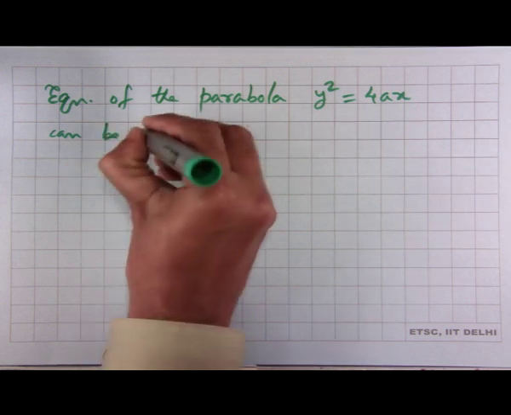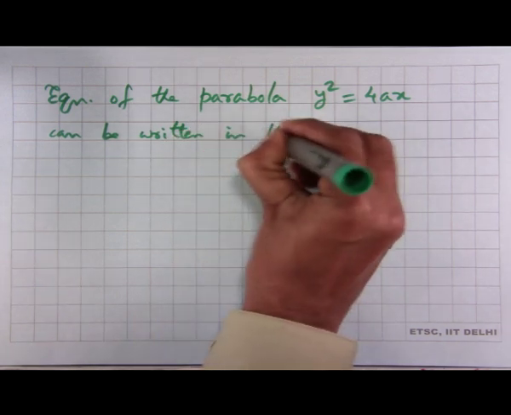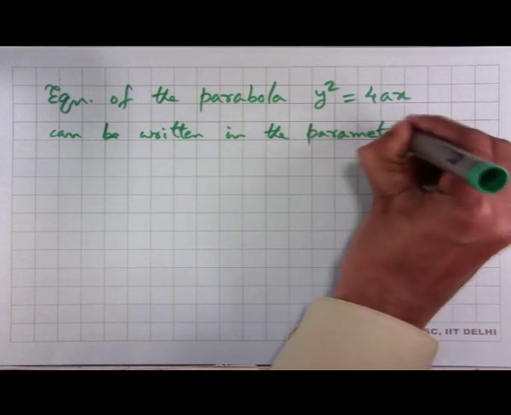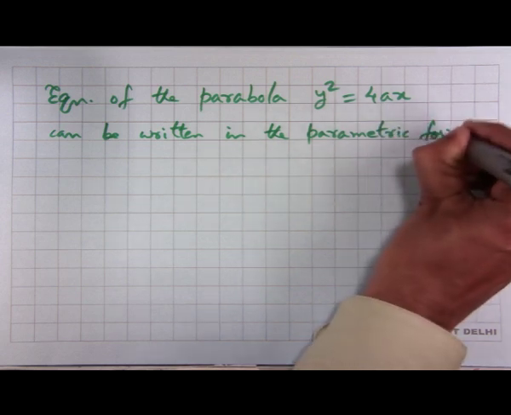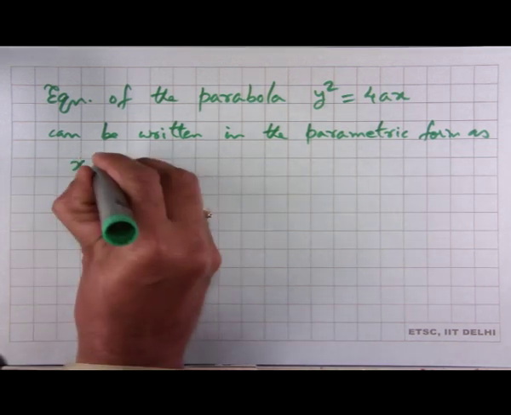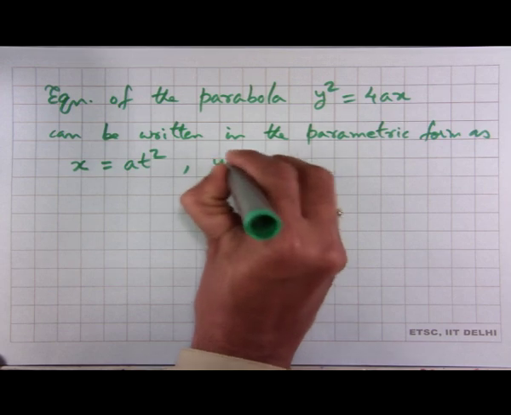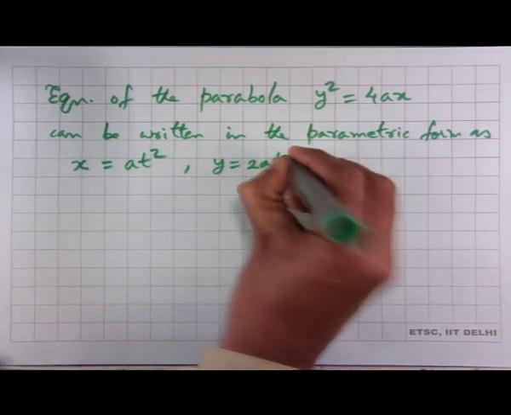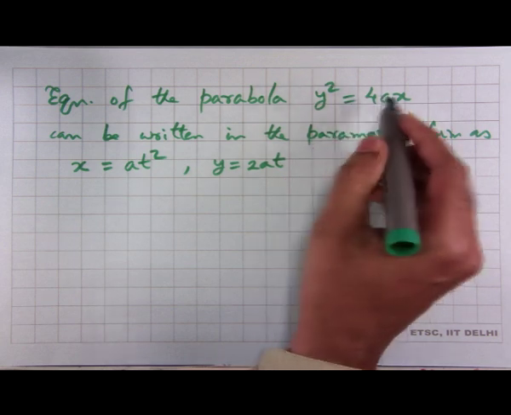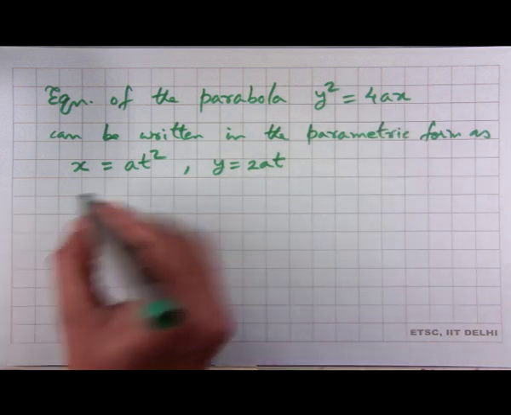It can be written in the parametric form as x is equal to at square and y is equal to 2at. Right. If you put y equal to 2at, y square is 4a square t square, which is equal to 4a times at square.